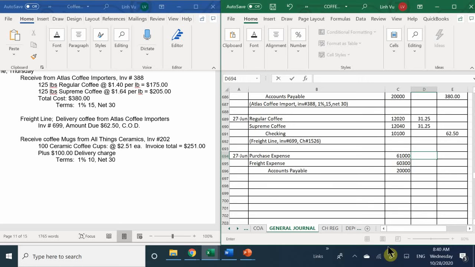Where is the 251 going to go? Debit, under purchase expenses. 251. Good. And 100 debit, and 351 credit. Good.